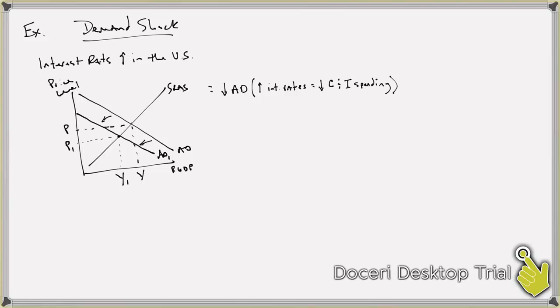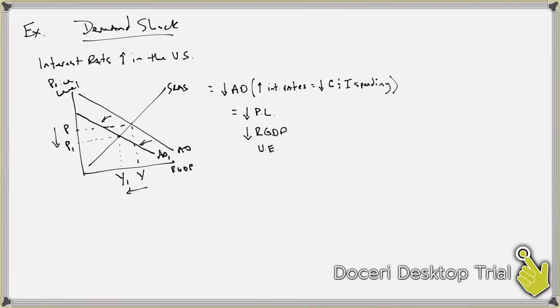Now, ultimately, I want to know, when interest rates change in the economy, how is that going to influence the price level and the output in my economy? So I'm drawing arrows here to show that both price level and output are going to fall. So we're going to put over here a decrease in AD equals a decrease in price level, a decrease in real GDP, and I also need to identify how this is going to change the unemployment rate.